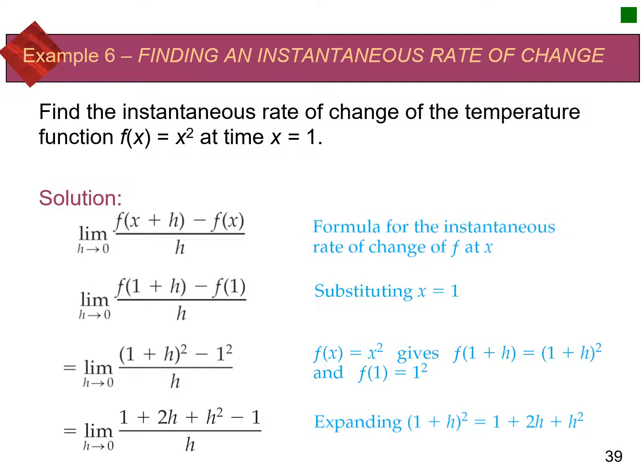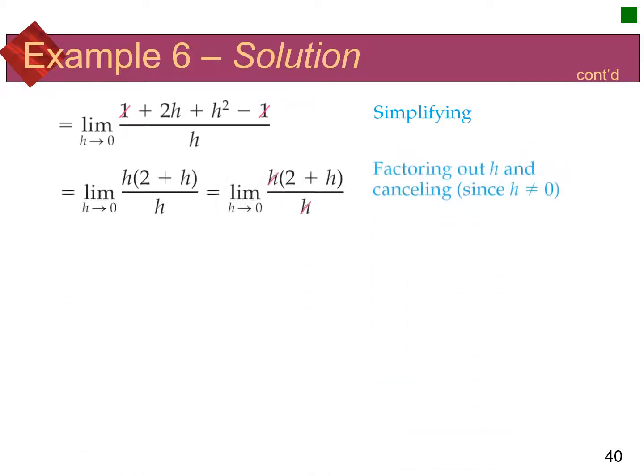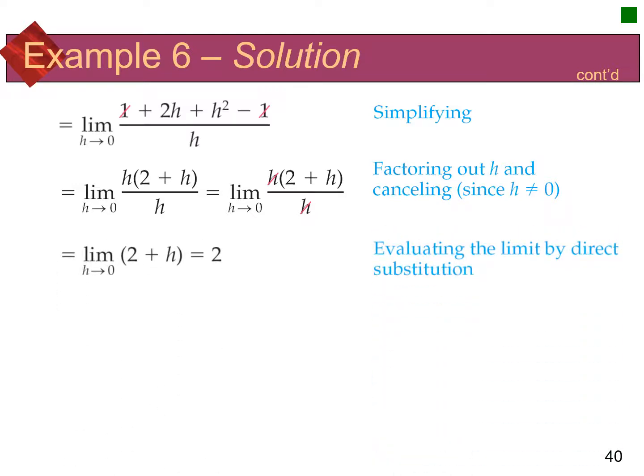So all that stuff we learned before is where it comes into play. So the ones up there cancel. The h's would cancel because I can factor out an h from the top, and then those h's would cancel. So I end up with the limit as h approaches 0 of 2 plus h, and if I plug 0 in for the h at that point, I get 2.